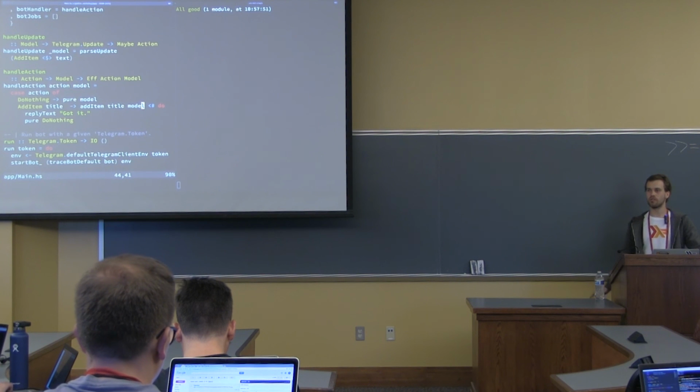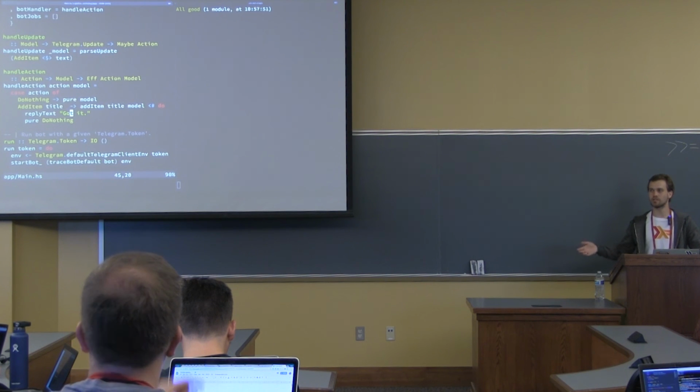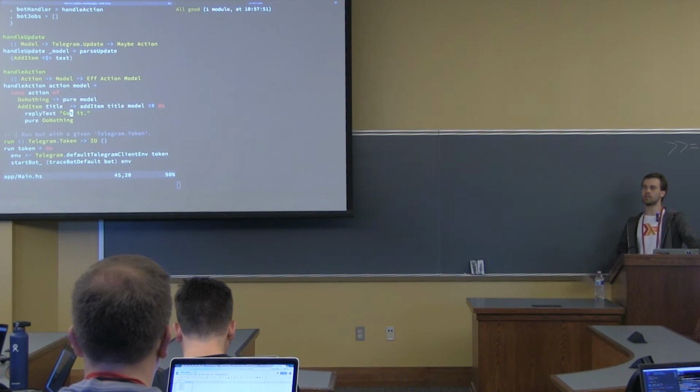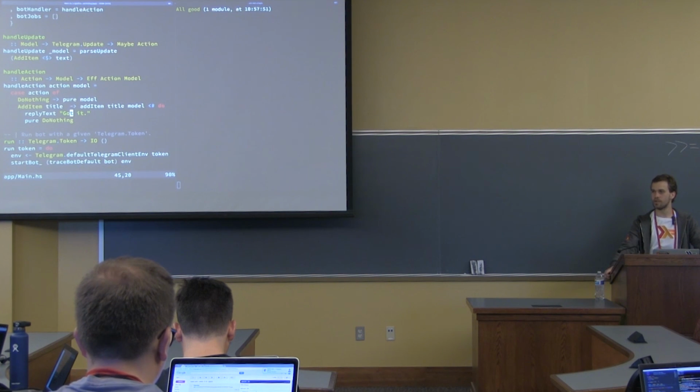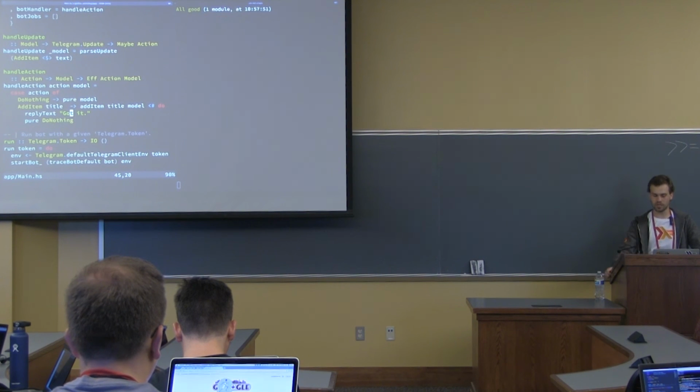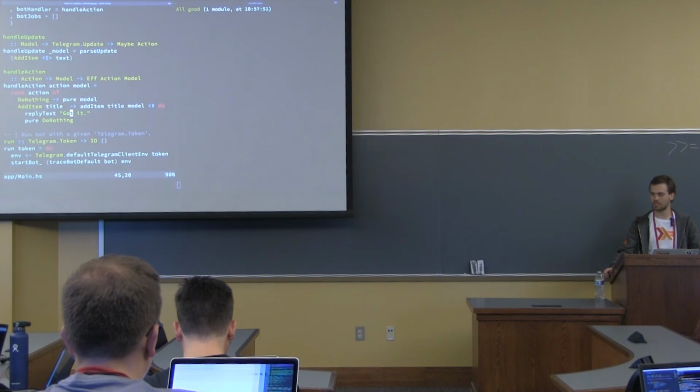All the impure stuff is happening separately, and it may result in some new actions that, when they get handled, affect purely our model. That way, our model is always updated in a pure way, and that is really nice. It's very easy to follow where the model is updated, and it's really hard to mess it up.